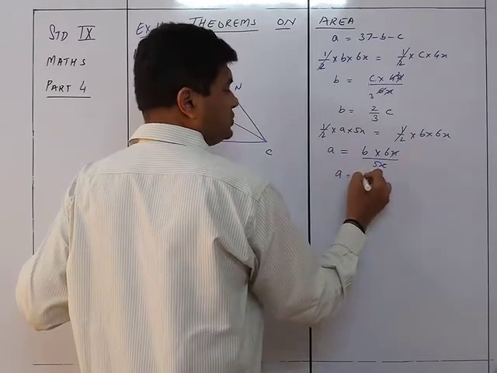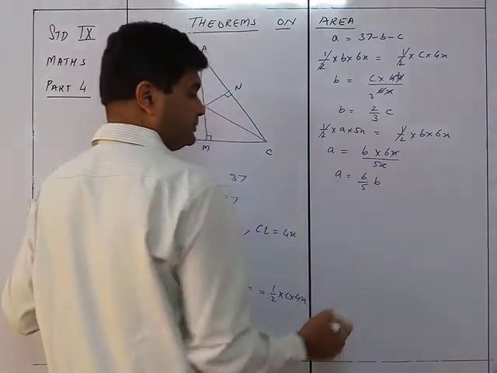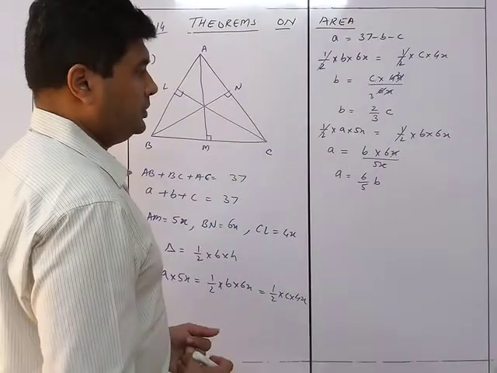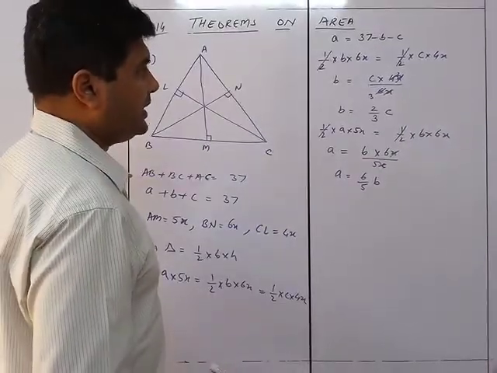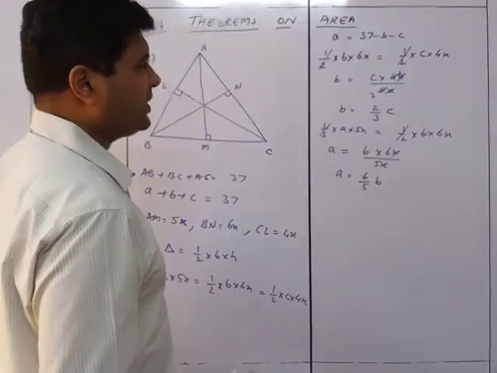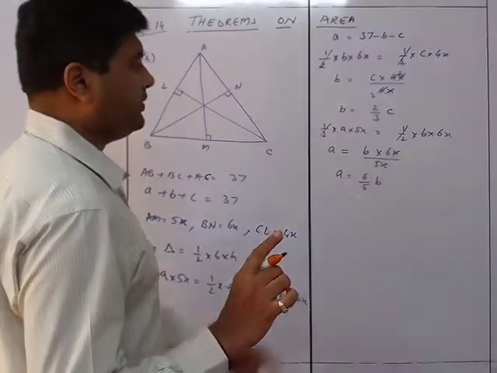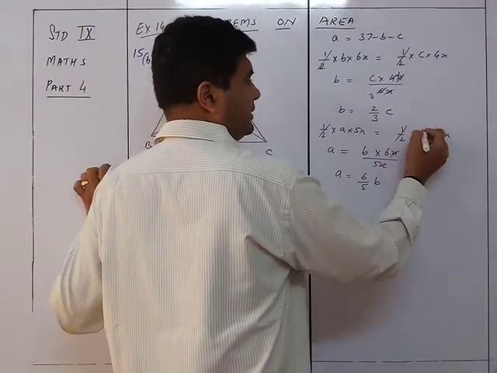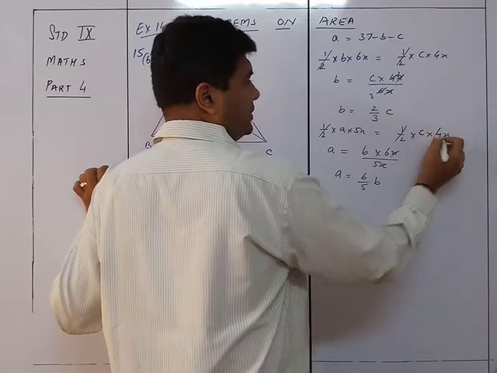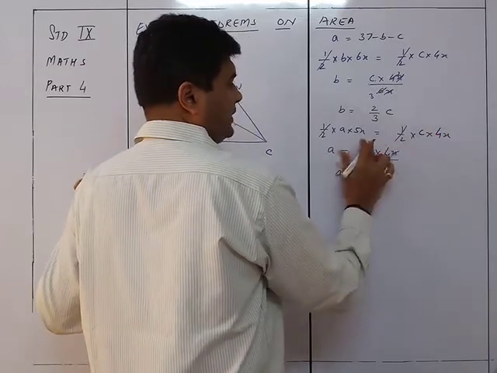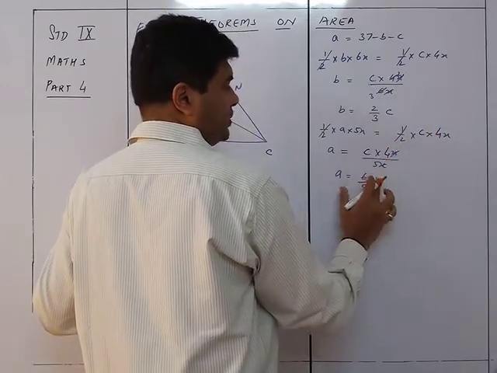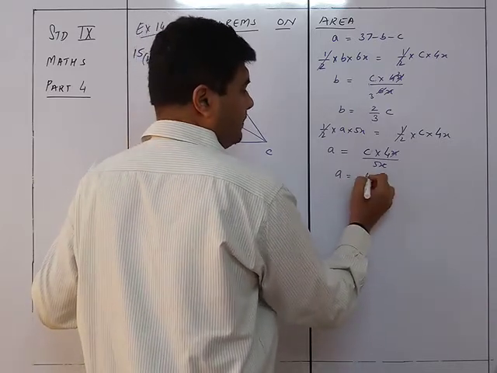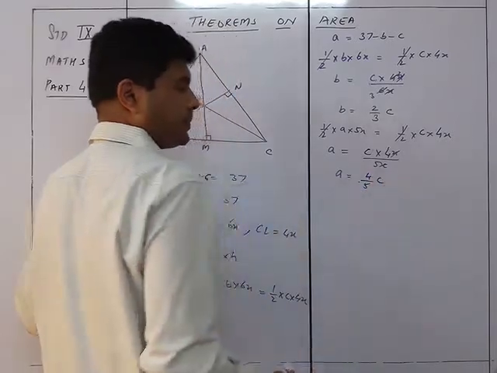So A is equals to 6 upon 5 B. So you can see that, no, I think I made a mistake. I should have taken this as C only. So this is 4, this is C. So this will be equal to A is equals to 4 upon 5 C.